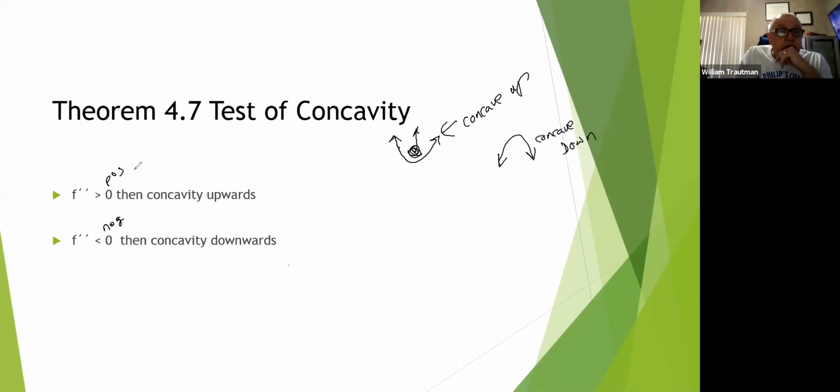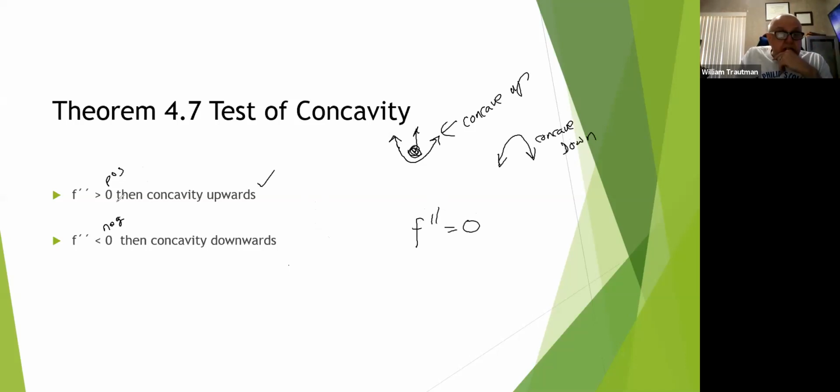If the second derivative is positive, greater than 0, then we're concave up. If the second derivative is negative, then that curve at that spot is concave down. There's one more, I'm sure it's on a slide later on, but I'm just going to add it in here.